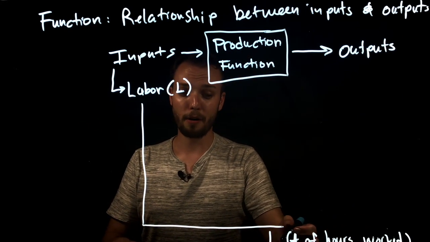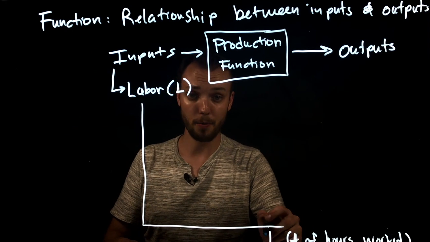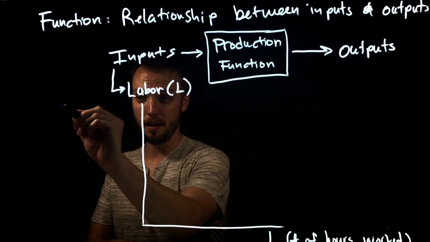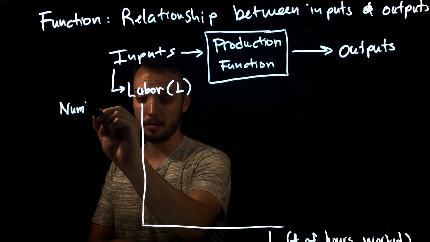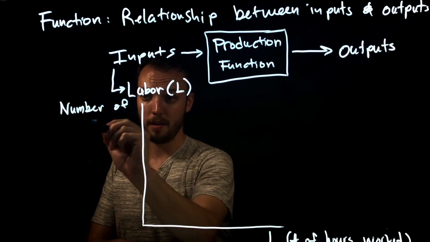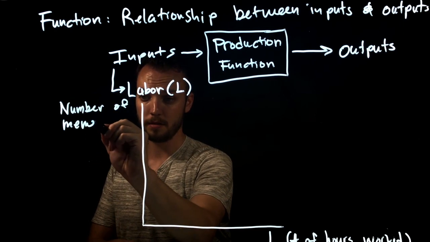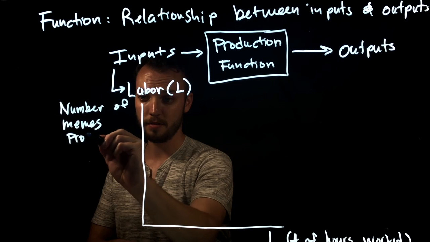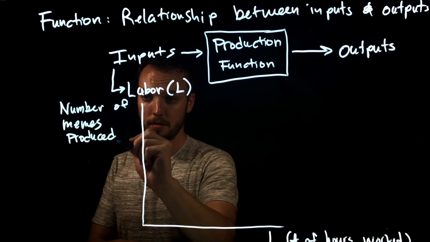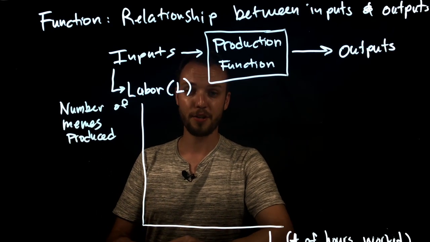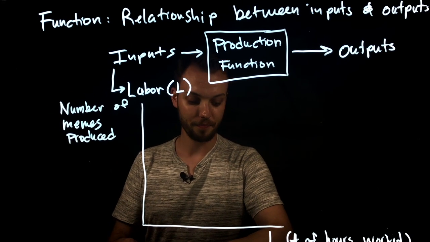So we're looking for a relationship between L, the number of hours worked, and the number of memes produced. Again, we're just assuming that labor is the only thing you need.